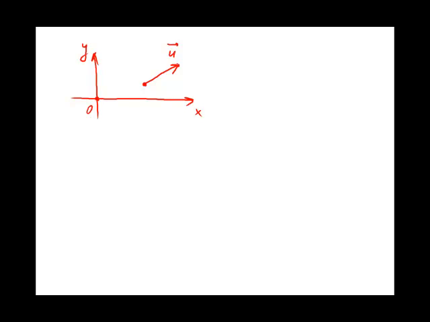Let's represent the vector u as a combination of i and j. u equals u1 i plus u2 j. Let me call the coefficients u1 and u2.